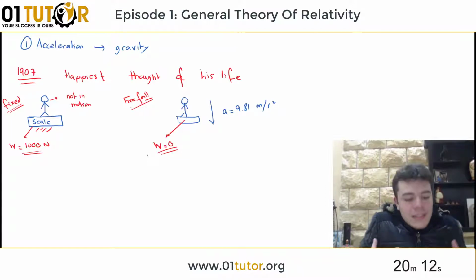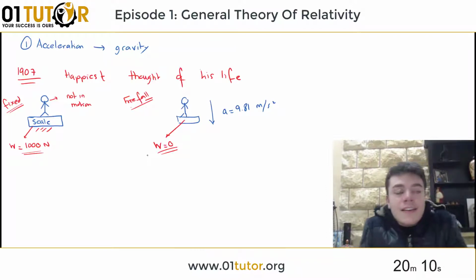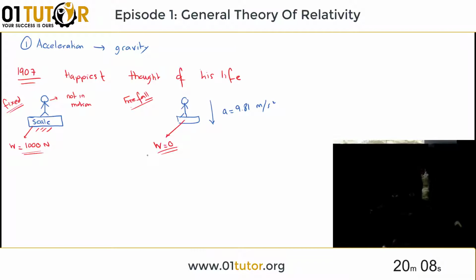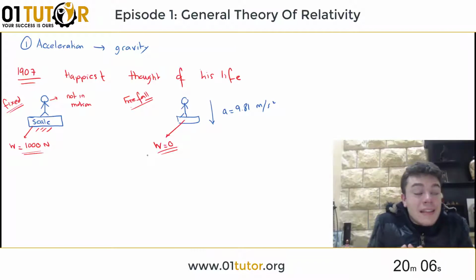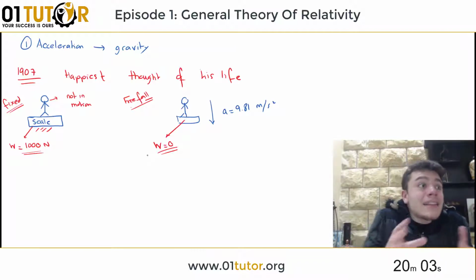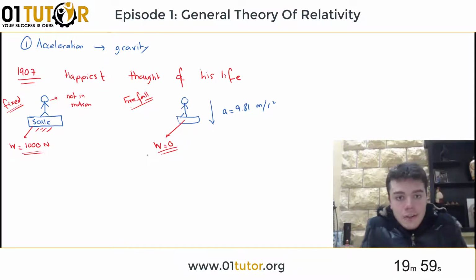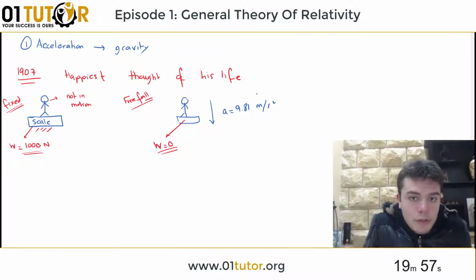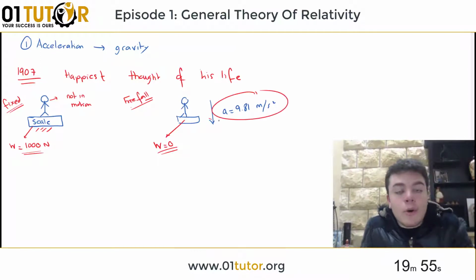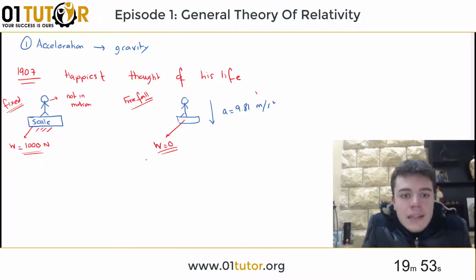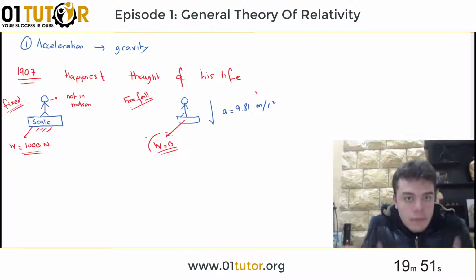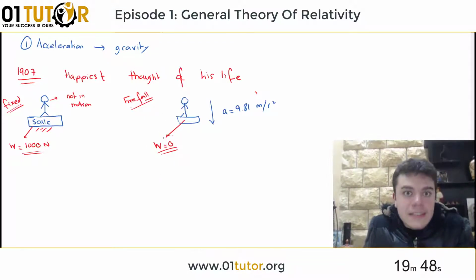Why? Because the scale is falling with me. And here's the idea that led Einstein to discover that gravity itself can be cancelled out by acceleration. In this case, if both are falling with an acceleration equal to 9.81, gravity is cancelled because now the gravitational force, which is the weight, is zero.